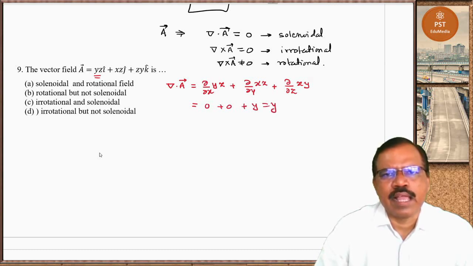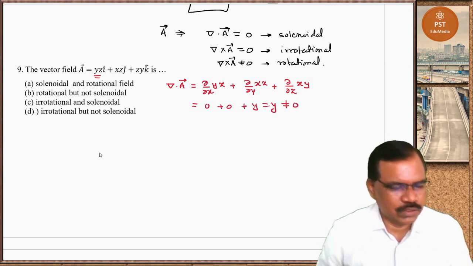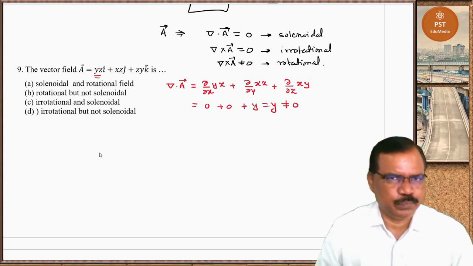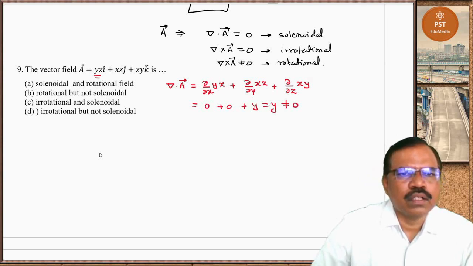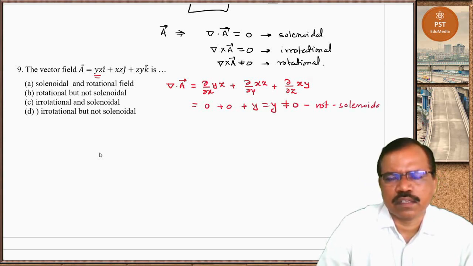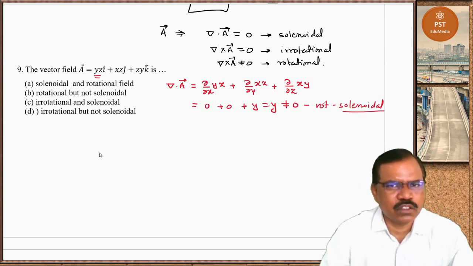So it is y, and this is non-zero if y is not 0. Since y is not given, we treat it as non-zero. So it is not solenoidal.